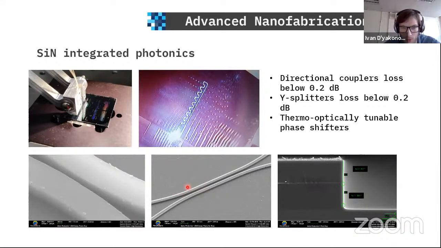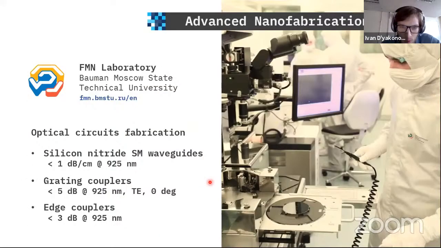So we have to design, and Bauman Moscow State University has to fabricate, some kind of mode converters. These are either grating couplers, which are used in most lithography-based devices, or edge couplers, which are tapers. The waveguide gets narrower toward the end of the chip, making the mode larger, and that makes it match the fiber on the inputs.